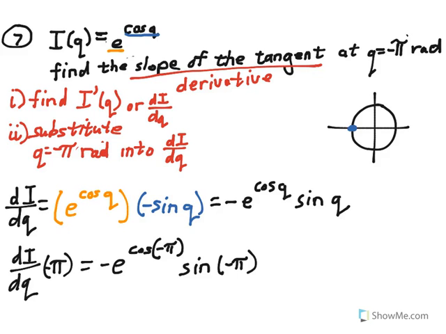So this part becomes 0, and this part becomes 1. E to the 0 power is 1. Sine, and that's also multiplied again by 1. And so what we get is negative 1. Wow, didn't that work out nicely? It's like somebody planned this.